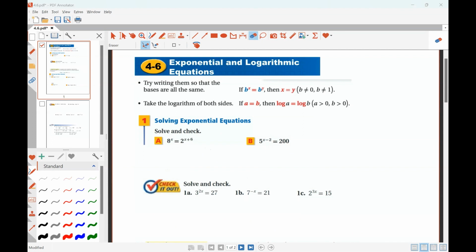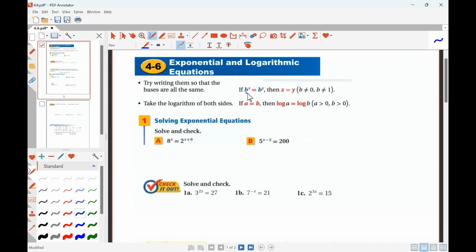Hi guys, in this video we will be learning about exponential and logarithmic equations. We will be studying two different techniques here. The first technique is to write everything we see in terms of one fixed base. Expressing each side with the same base will help us to solve the equation.